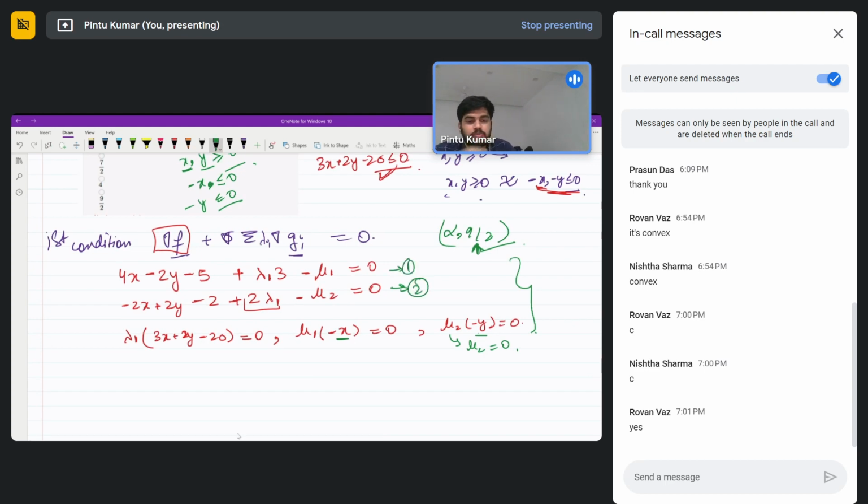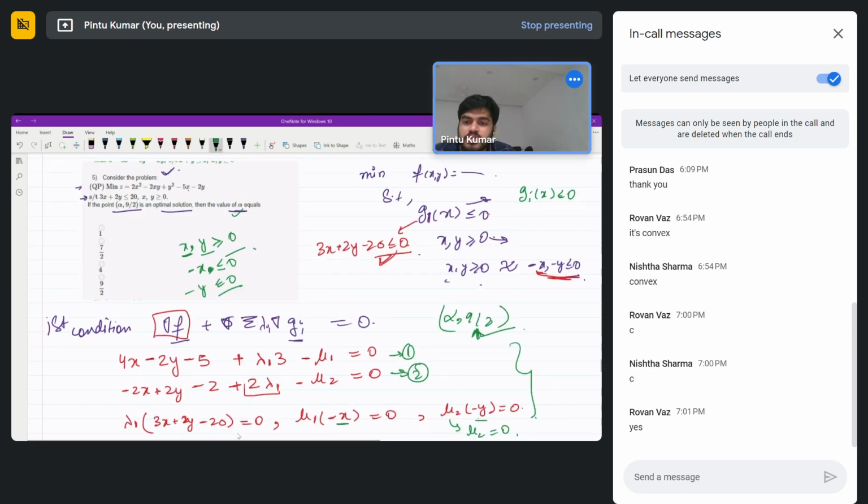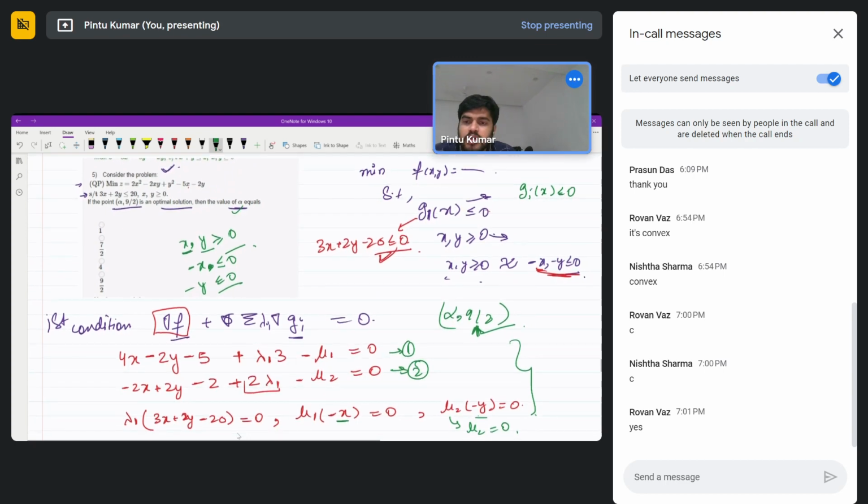Now if you put this value in equation 2, we get something like minus 2 alpha plus 9 by 2 into 2, which is 9, right? I think this should be plus only.